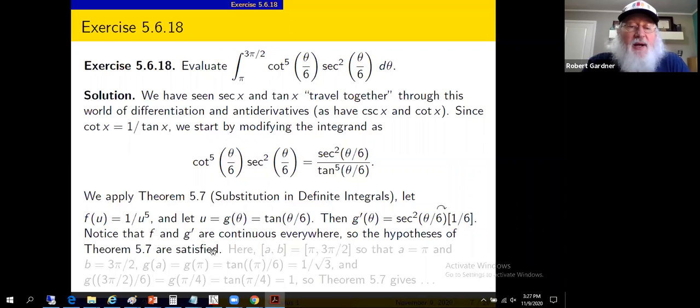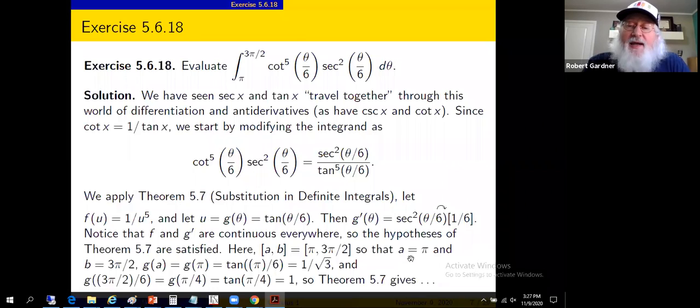So hypotheses of theorem 5.7 are satisfied. We've got a equals the lower bound of pi, b equals the upper bound of 3 pi halves. We need to take those a's and b's and turn them into u's. Here's how you translate thetas into u's.